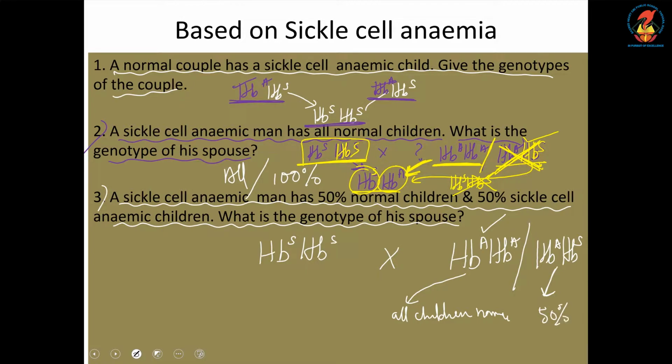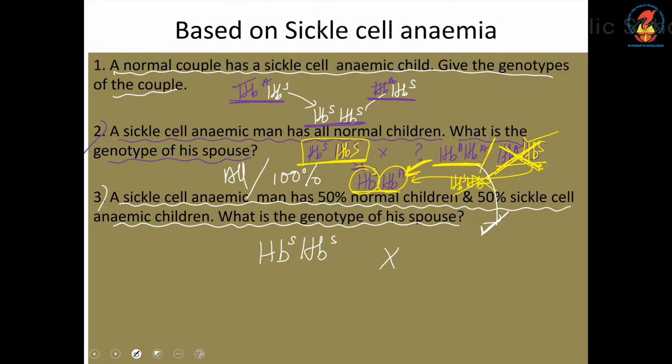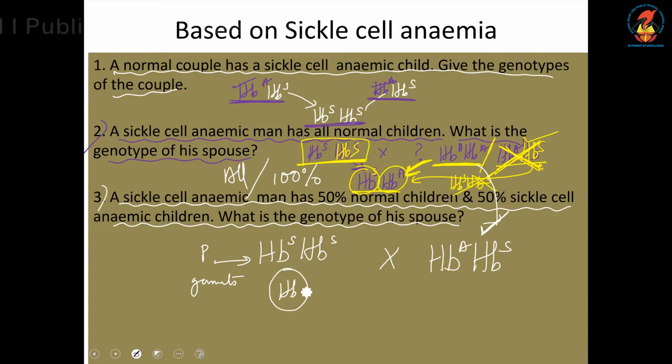So let us do a trial and error, or because we worked out this model problem already, we can rule out this one and go ahead with the heterozygous spouse. So I am going for the second option for the mother, HbA HbS. So these are the parents. Now the gametes. Here only one type of gamete, HbS.